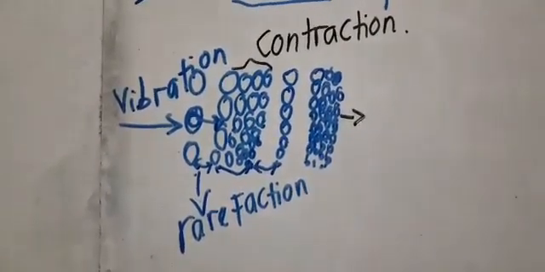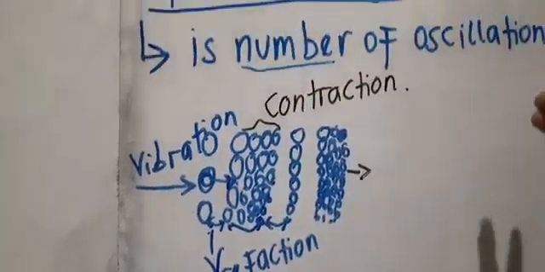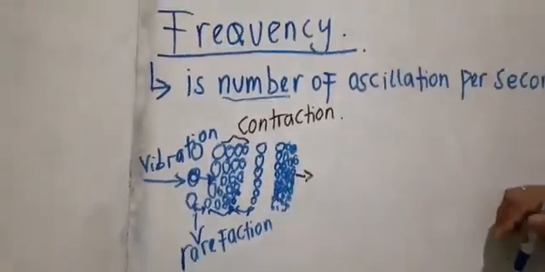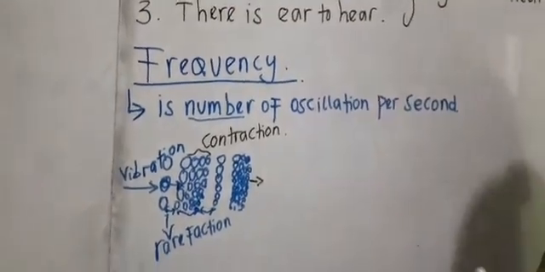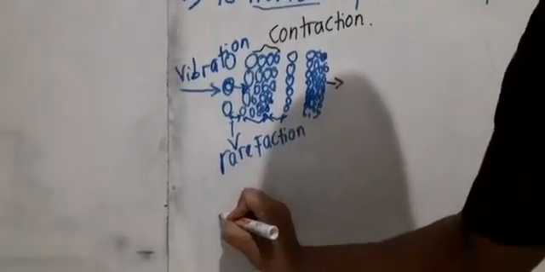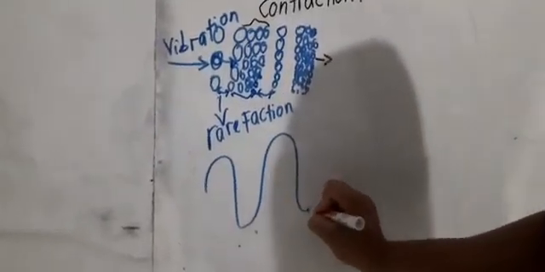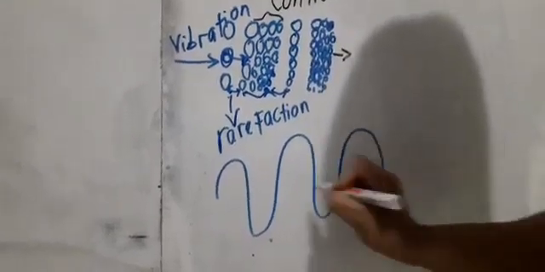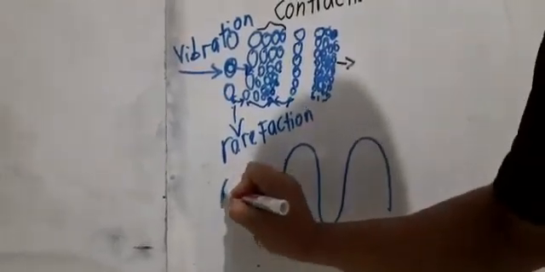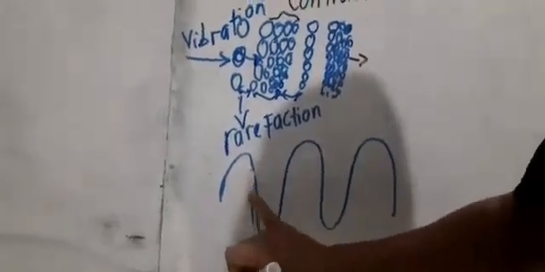Okay? So the frequency is a number of oscillation per second. What does it mean, the number of oscillation per second? So when you get this graph, you will be asked which one is the frequency.